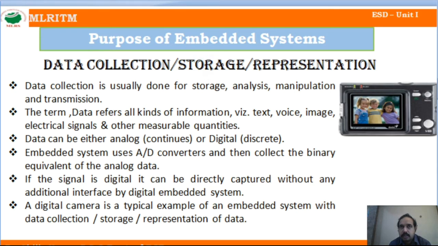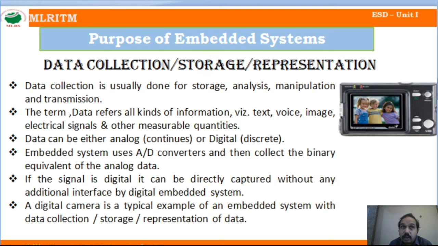Light will fall on these sensors. This many megapixel sensors are there, and the light is converted to voltages. Each pixel will generate one voltage, and this voltage will be converted to a digital form. For that purpose, what device are we using? Analog to digital converters.